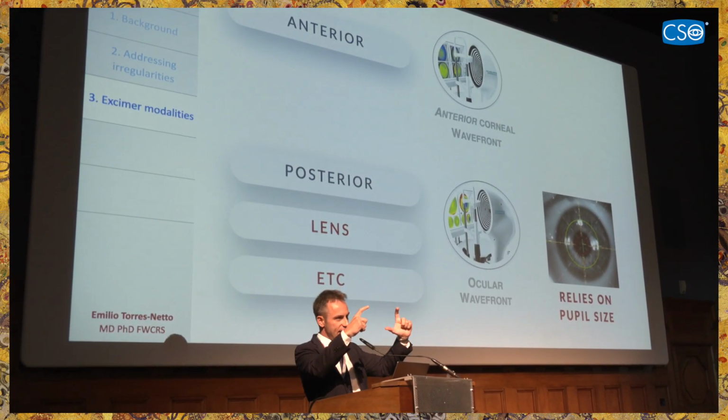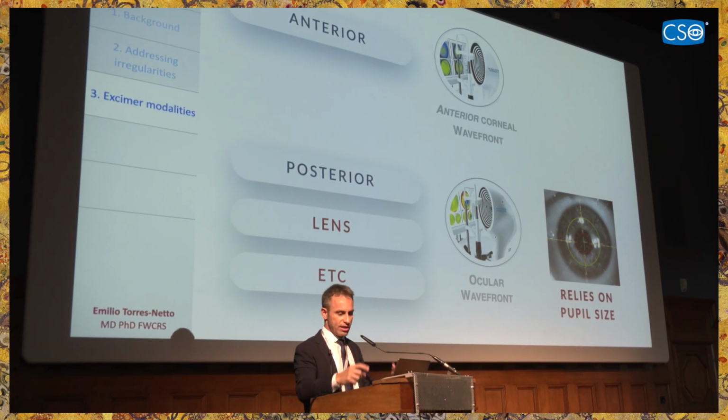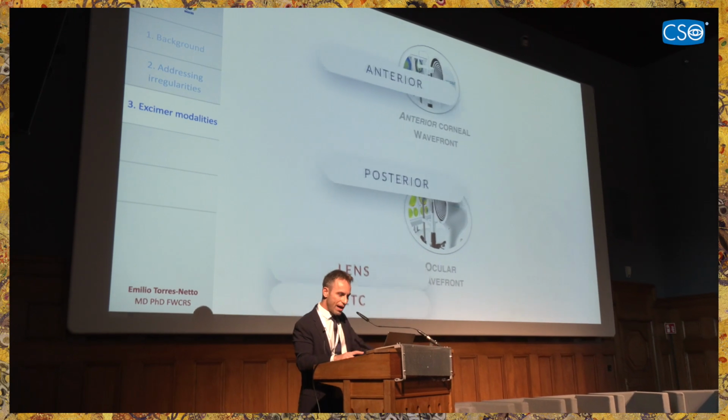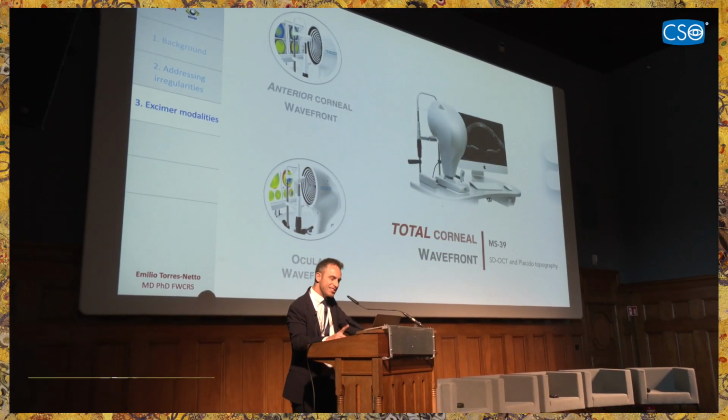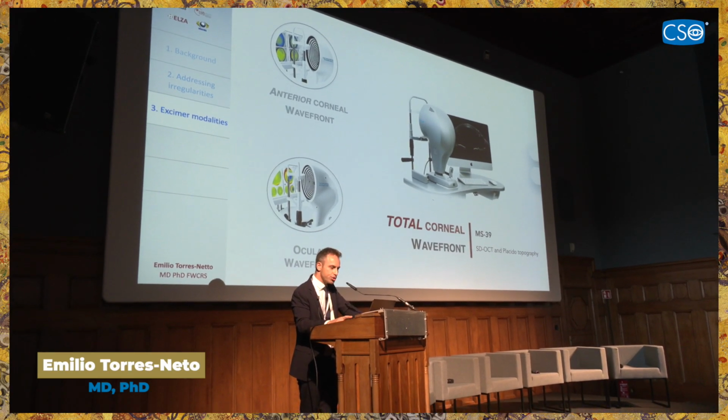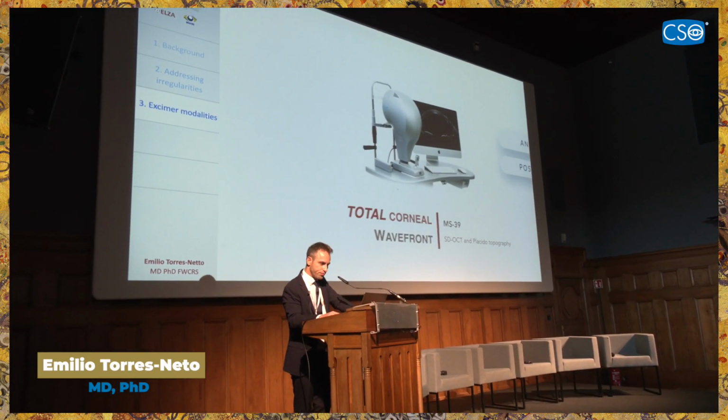We can only get data via the pupil size. So that was a limitation of ocular wavefront, and that's why it's very nice, especially on those phakic patients with irregular corneas, to have the total corneal wavefront.